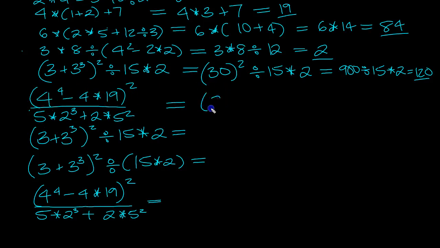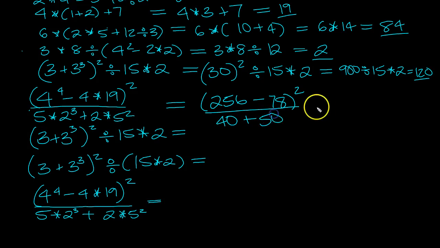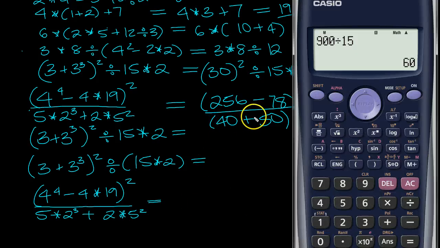If you tap that in a calculator, you get 256 minus, and then the times is first: 78 squared over, and 2 cubed is 8. 5 times 8 then is 40, plus 5 squared is 25, 2 5s are 50. So we got 256 minus 78 over, and you can put a bracket around that if you want, because that's essentially what it is.